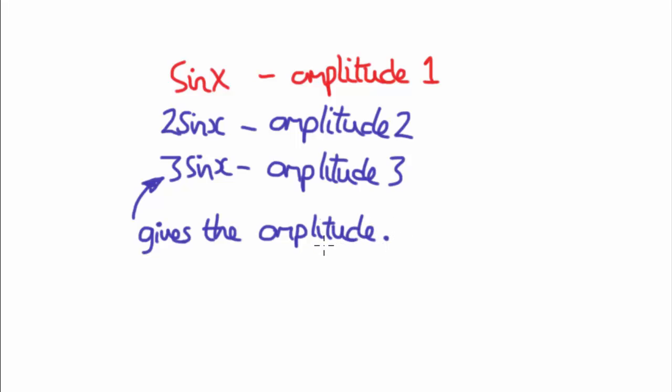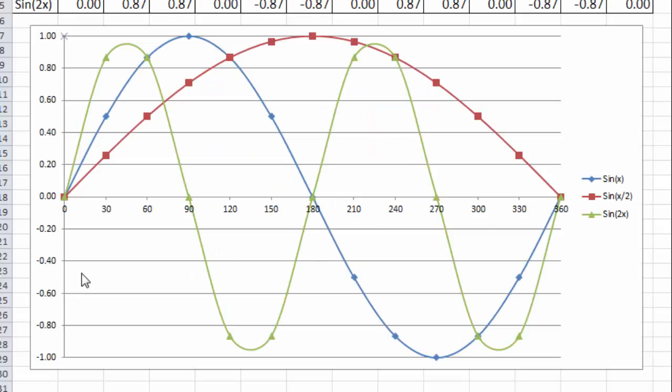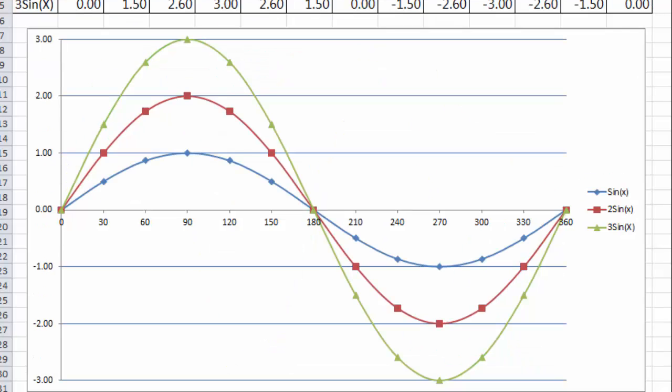Okay, a half sine x, amplitude is a half, right? So that's your initial one, amplitude, because that's just a 1 times sine, and any number in front, that gives you the amplitude. So that was the aim of that. Now we've discovered that the number in front is just the amplitude of the wave.